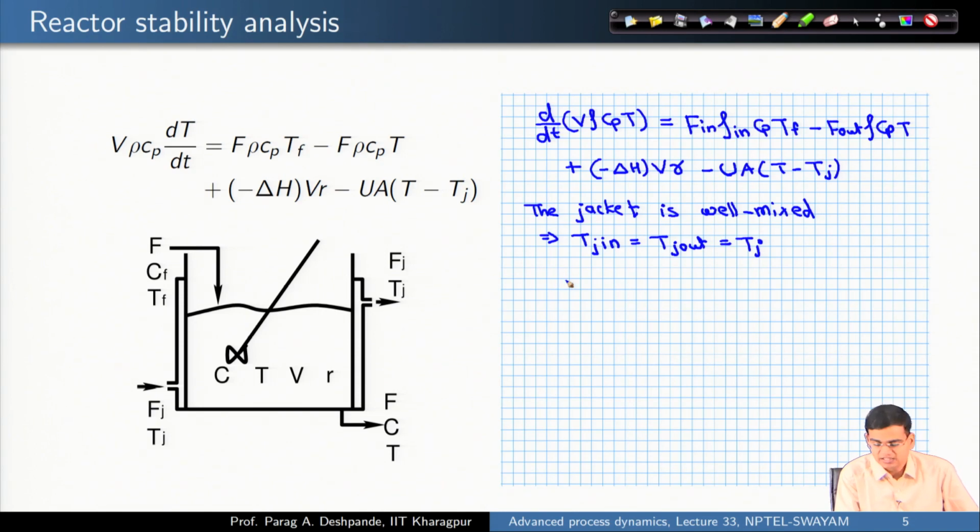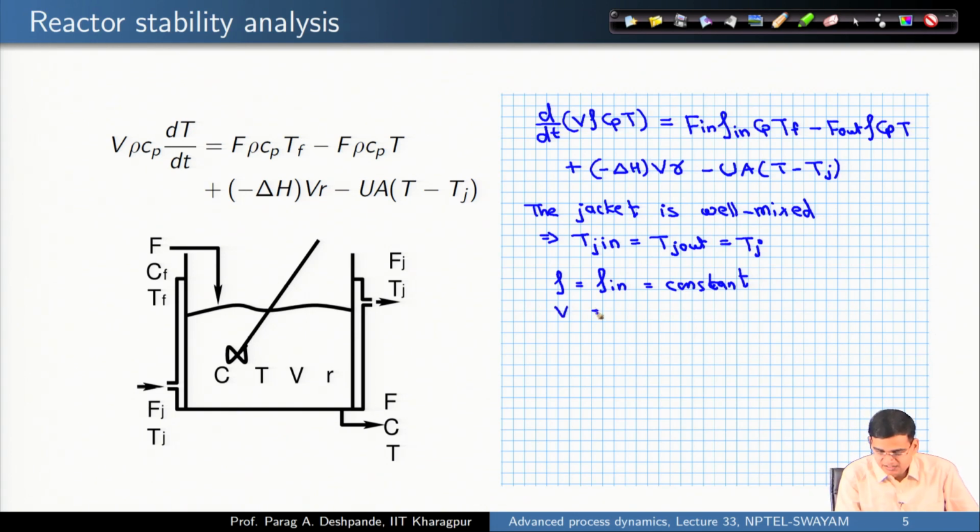You have assumed constant density. So, rho is equal to rho in as a constant. This you have established in the previous balance.